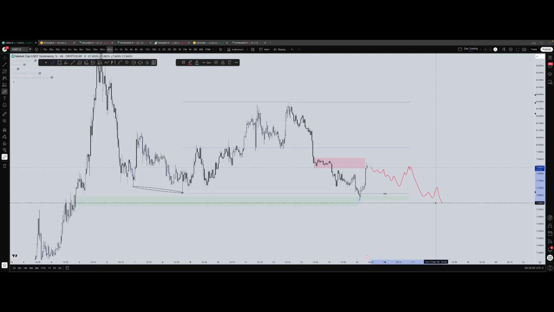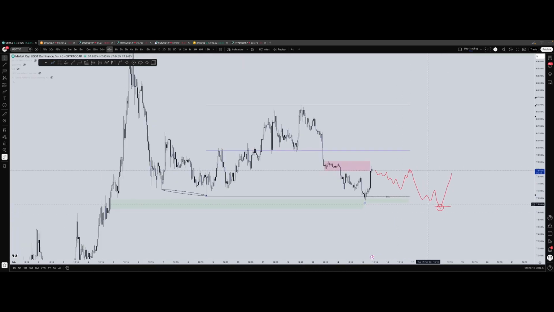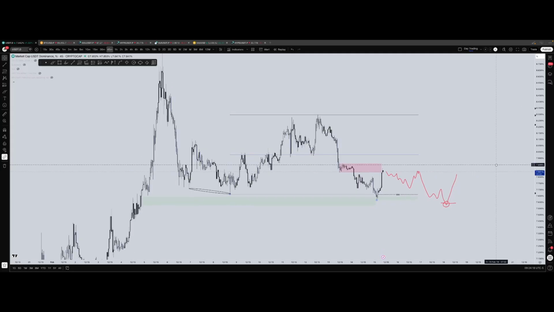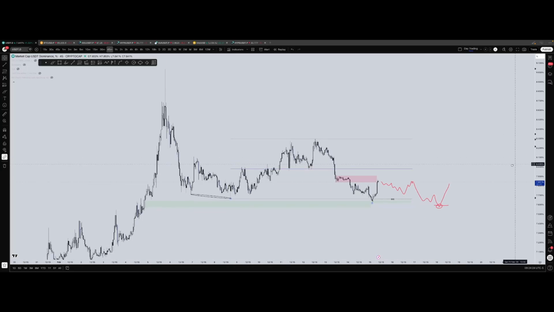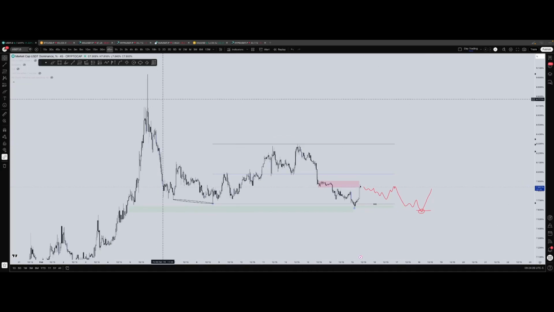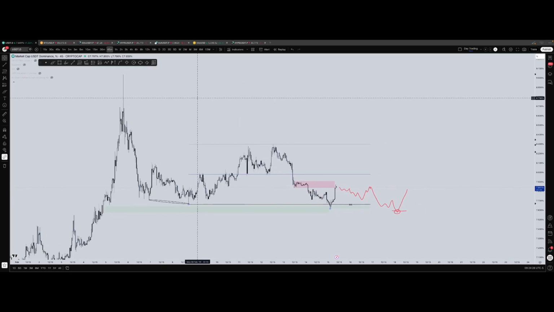In confluence with these levels being taken out, if the structure breaks back to bullish for USDT, at this point in time we can look for shorts across the market. Having said that, we can start to pre-plan: if this were to happen, what is the next step of what else we're going to be looking for? At that point, if that were to confirm, we're going to be looking for shorts.